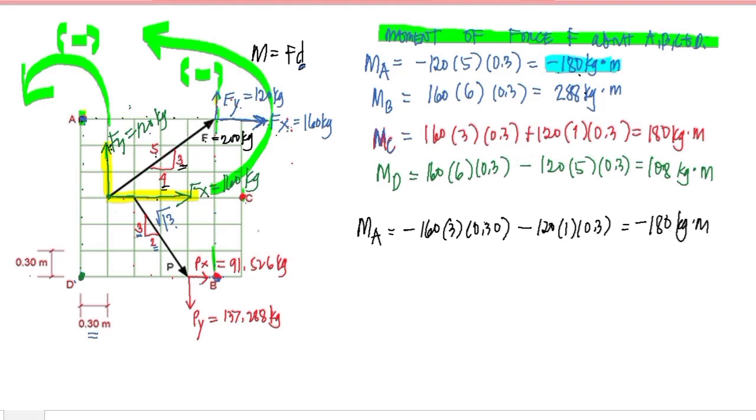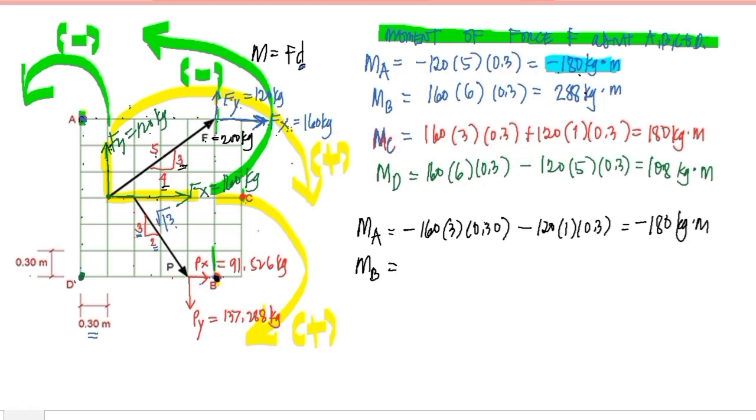Okay, next, we are going to compute the moment at point B. So computing the moment at point B, here is point B, which is what we consider now. For Fx, Fx will rotate clockwise with respect to point B. And Fy will also rotate clockwise. Meaning this is positive and this is positive.